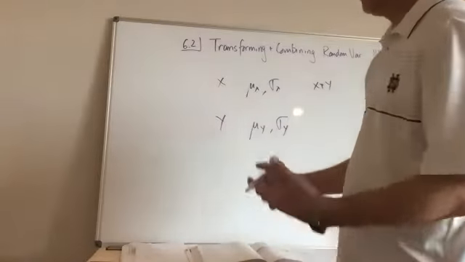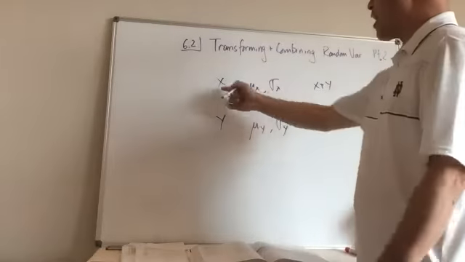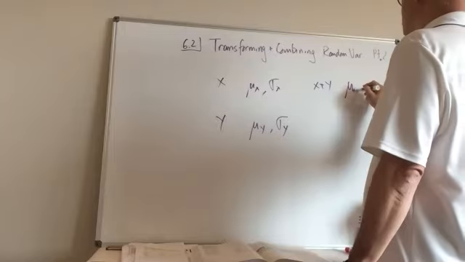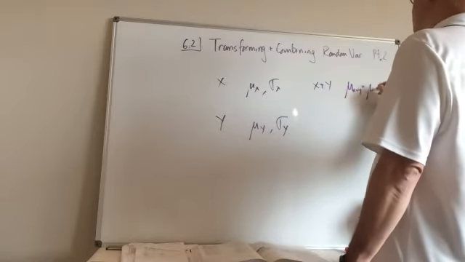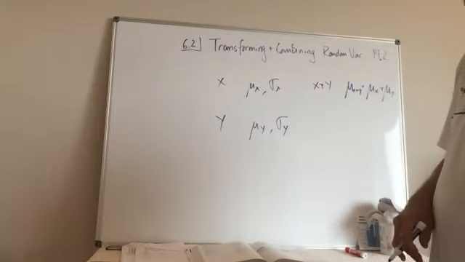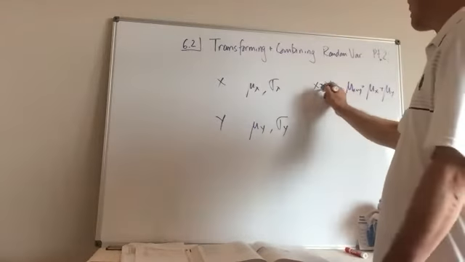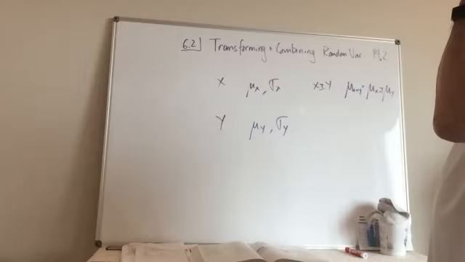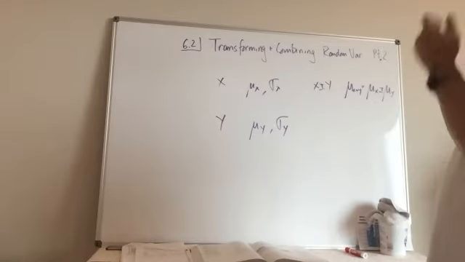Well, if this is the mu for x and this is the mu for y, it makes sense that the combined new mu is nothing more than adding those two together. If you were to subtract them, you would just subtract those two. That's pretty simple.